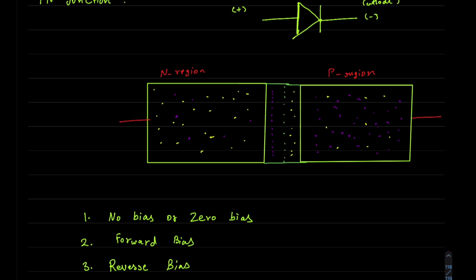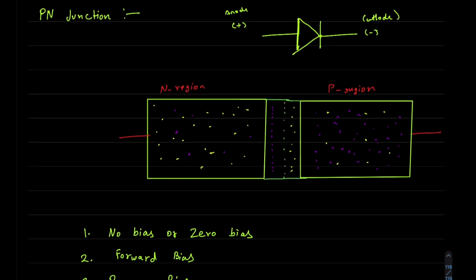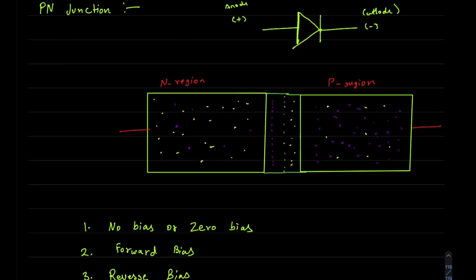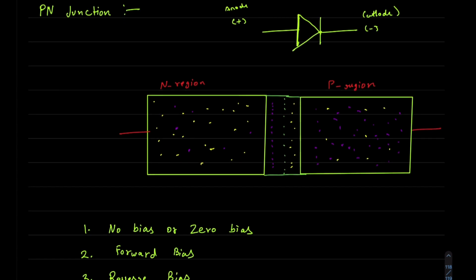So let's talk about zero bias or no bias first. This is the condition where there is no external voltage applied, and the movement of charge carriers across the whole diode is zero.